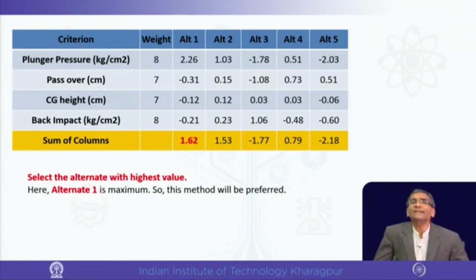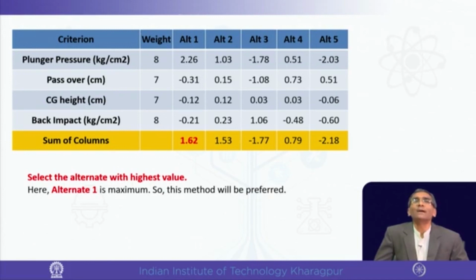Once the cells are filled up, then like the earlier method, we multiply the value by the weight and sum it up. I have not shown any example because it is already known, you have seen earlier. Basically, I would explain 8 into 2.26 plus 7 into minus 0.31 plus 7 into minus 0.12 plus 8 into minus 0.21.